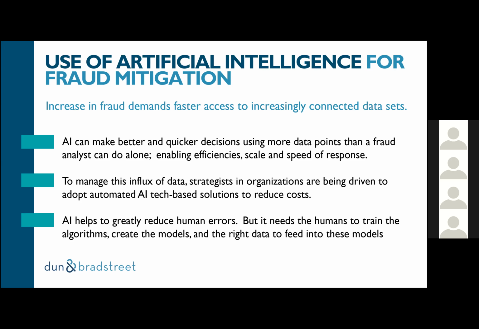AI and machine learning models are able to learn from patterns of normal behavior. They are very fast to adapt to changes, like the changes we saw in COVID-19, and see the changes in those normal behavioral patterns, and isolate very quickly where those changes occur.